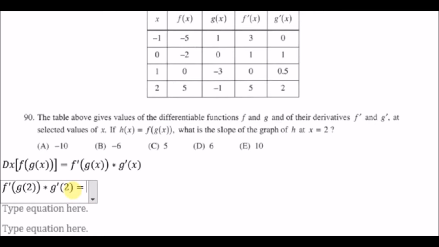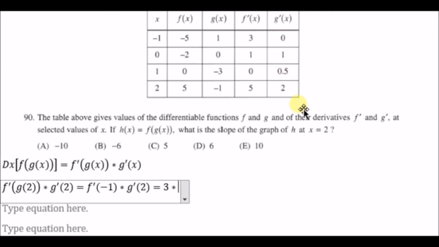So we have f prime of g of 2, and g of 2 looks like negative 1, times, let's just leave that as g prime of 2 for now. We'll go and fill in the primes now. So that equals f prime of negative 1, that's 3, times g prime of 2.